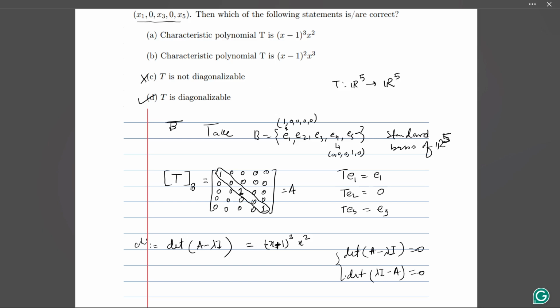They will give the same polynomial, meaning they will give the same equation. That is why I was thinking like so. This is one. So okay, this is the correct option. This is false.